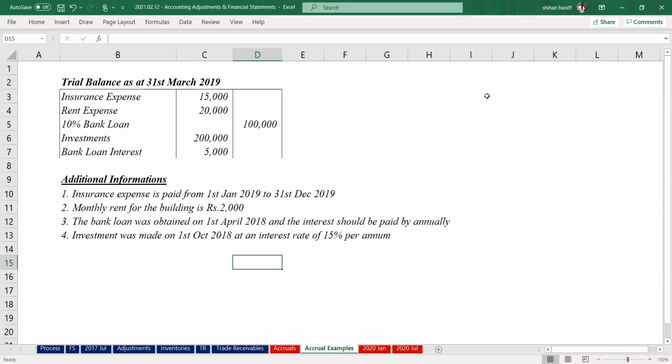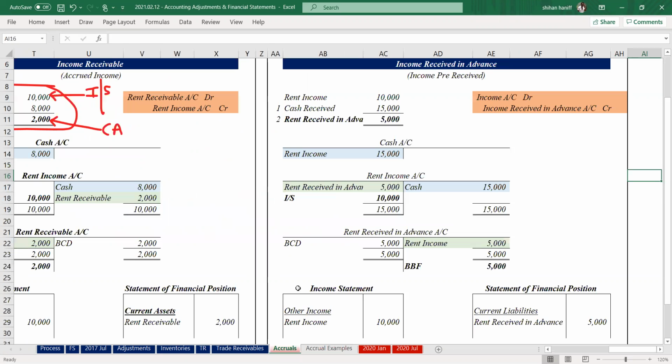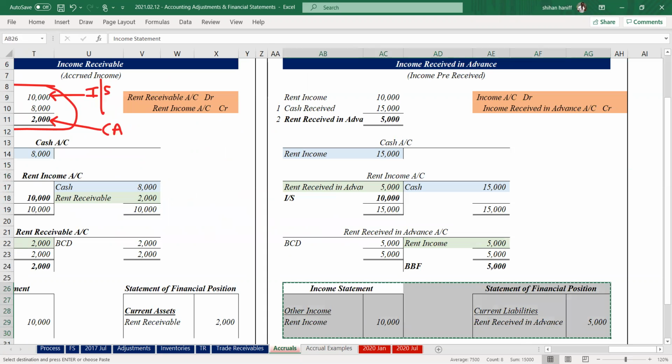So we need the draft financial statements. How much goes to the income statement and how much will be taken to the statement of financial position. Right. So let me draw these two.